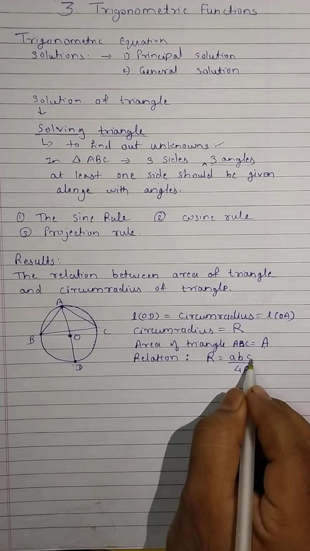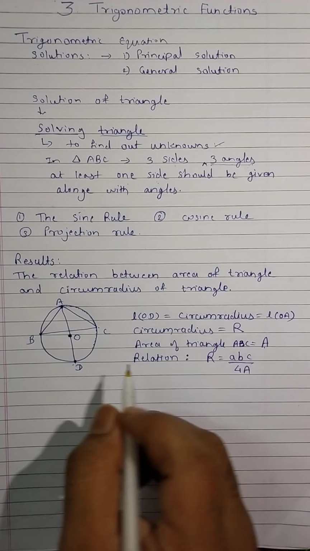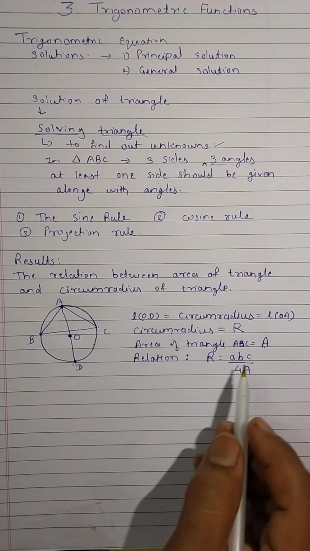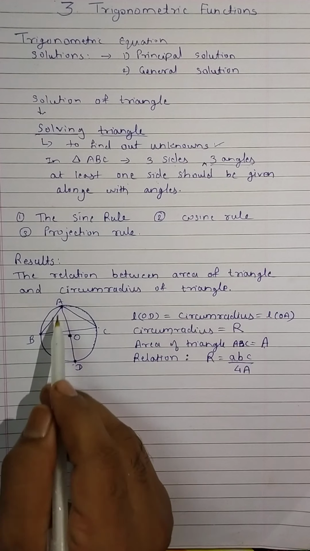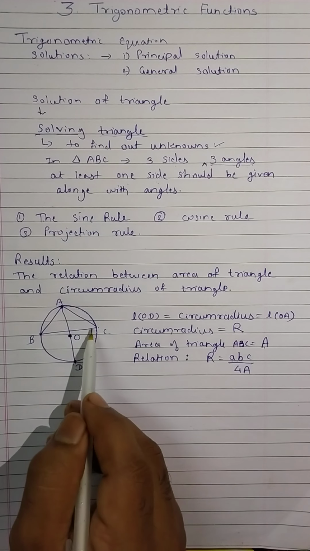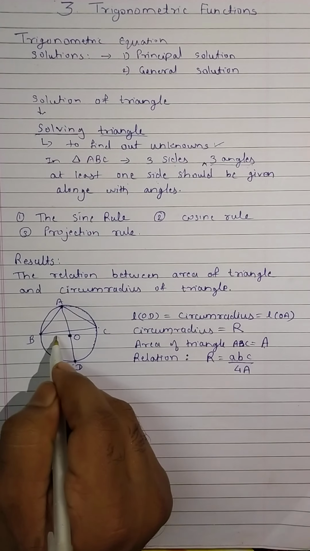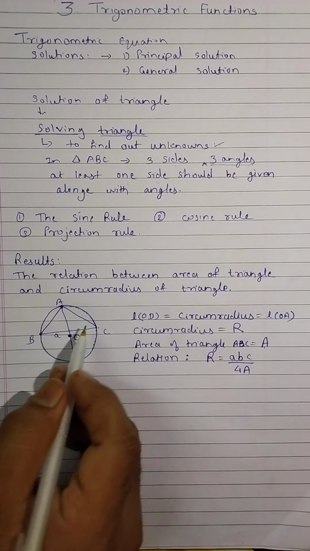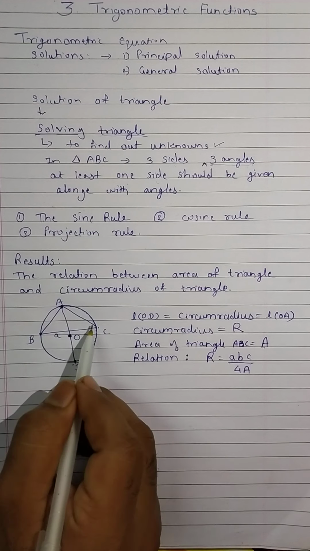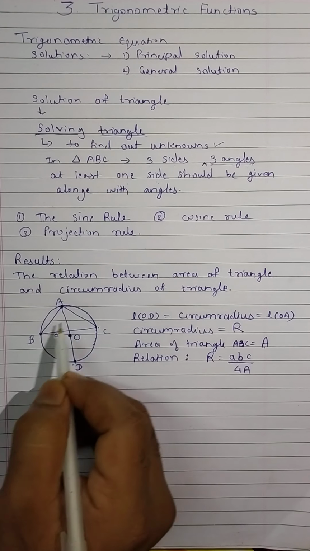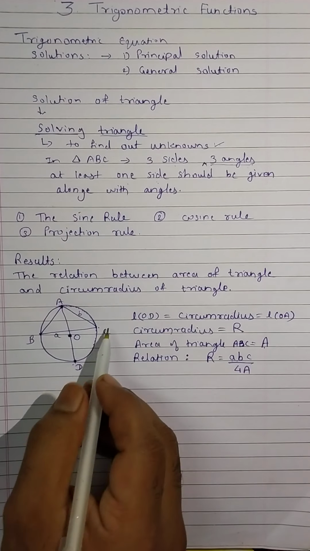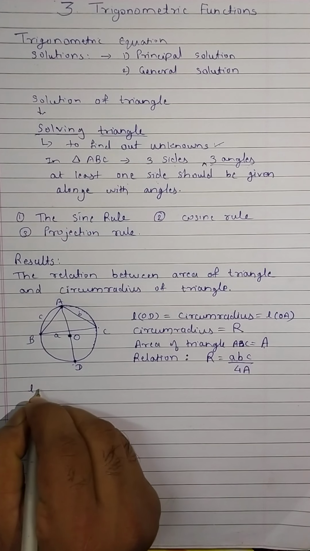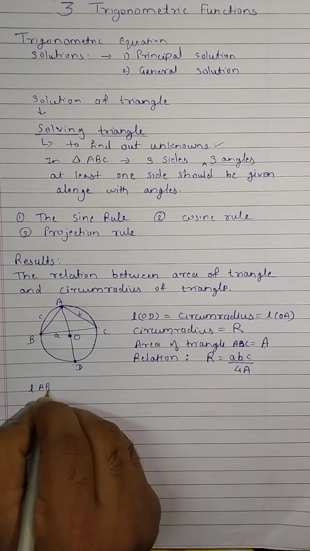Now what are a, b, c? We know they are the lengths of the sides of the triangle. If this is vertex A, then the opposite side BC is denoted by small a, that is, the length of BC is a. The length of AC is b, the length of AB is c.